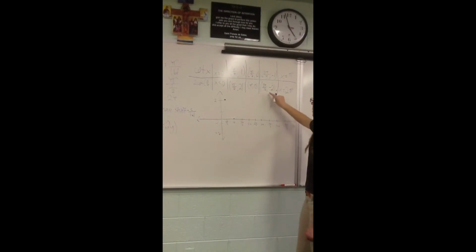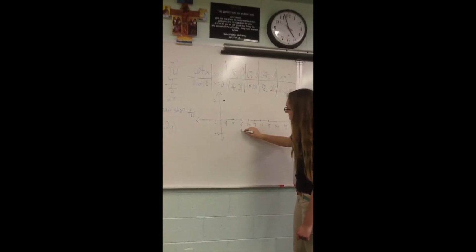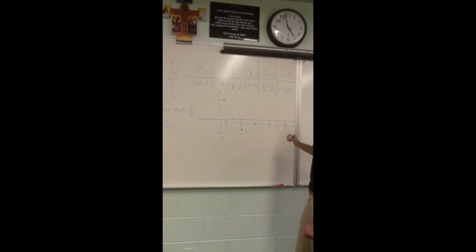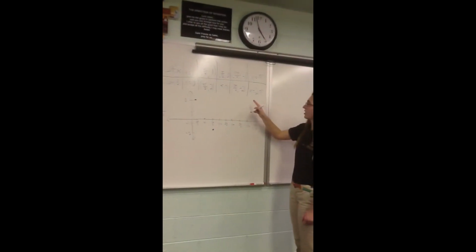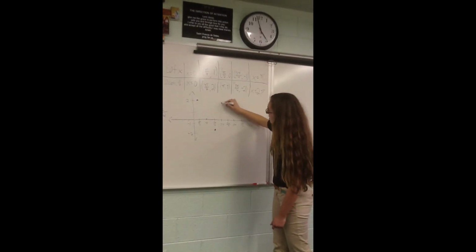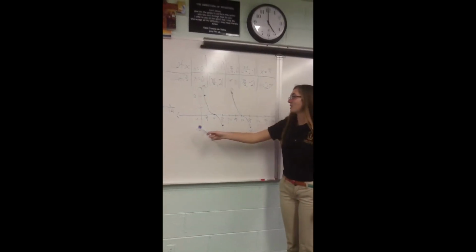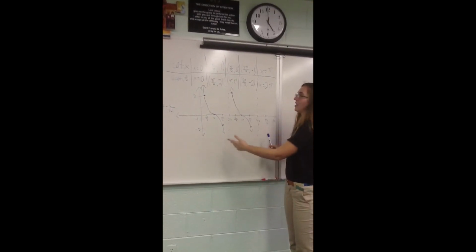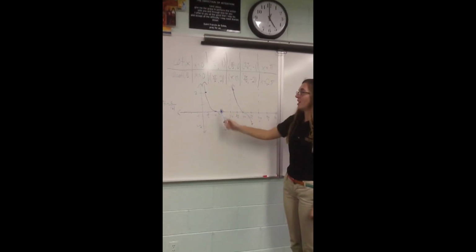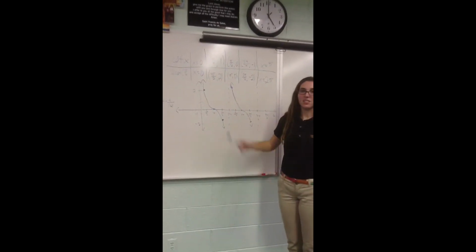And then 3 pi over 2, negative 2. And then our vertical asymptote for the other side is 2 pi. So this is what the graph looks like of 2 periods of our equation. And the graph is curved like this because that is just the way cotangents look.